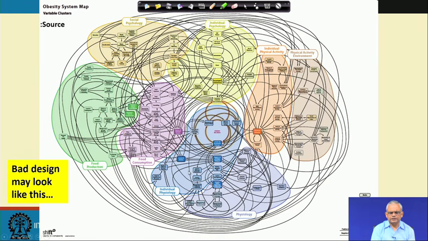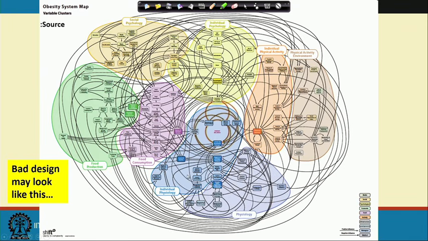A bad design can come up with a very complex set of module interactions. This is not really a set of modules and interactions, it is a diagram for some other purpose, but I am just showing it for illustration, that it can look extremely odd.